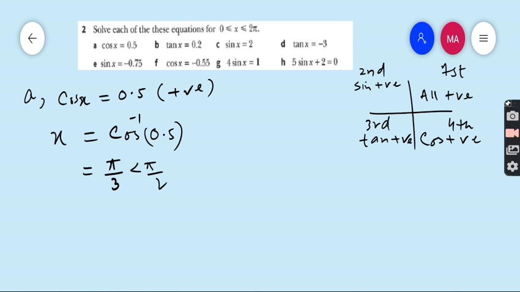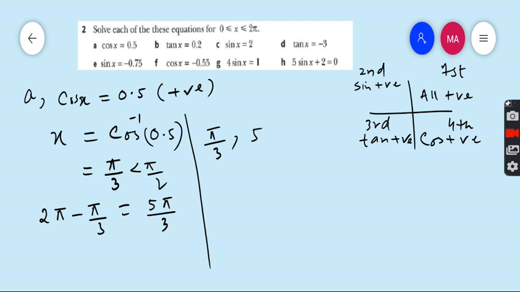Now cos is also positive in the fourth quadrant, and the maximum value of the fourth quadrant is 2 pi. So we find the other angle by subtracting pi by 3 from 2 pi: 3 times 2 is 6, 6 minus 1 is 5, so 5 pi by 3. Hence, our final answer is pi by 3 and 5 pi by 3.